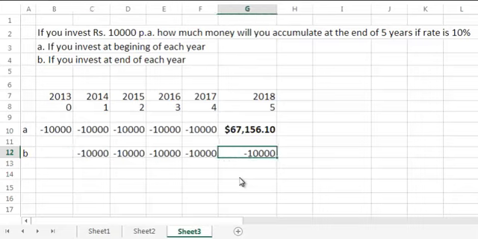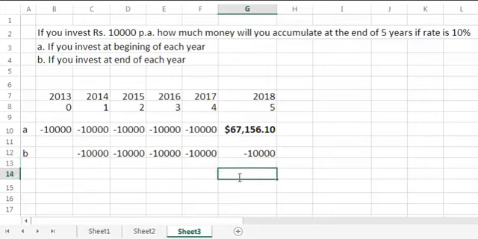In fact, the last investment does not get you any interest. It just goes in and adds to the corpus by rupees 10,000. So you have your last investment of 10,000 at the end of the 5th year in 2018.